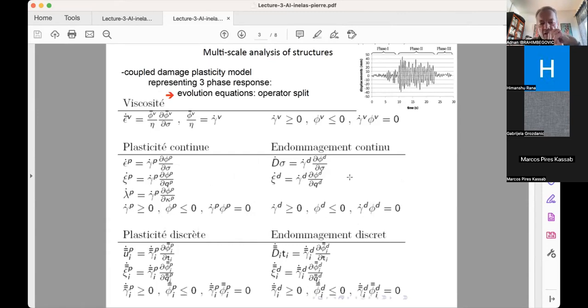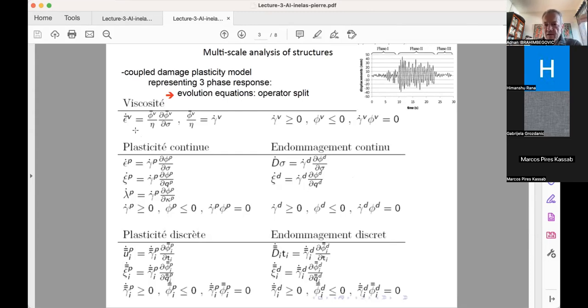Now, given these 8 internal variables, we have to devise 8 evolution equations, which we've done here. There's an evolution equation for viscous deformation. All of these evolution equations have been written previously, so you just have to go to the proper page and do cut and paste. Strictly speaking, nothing has been invented, it's just combined all together.